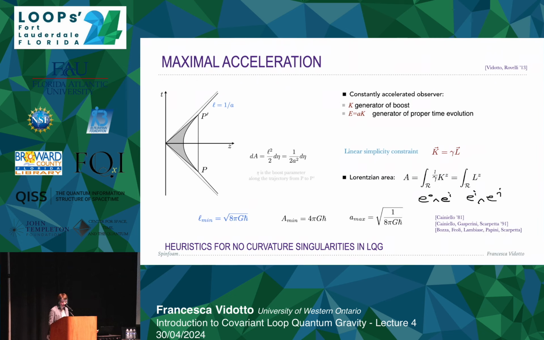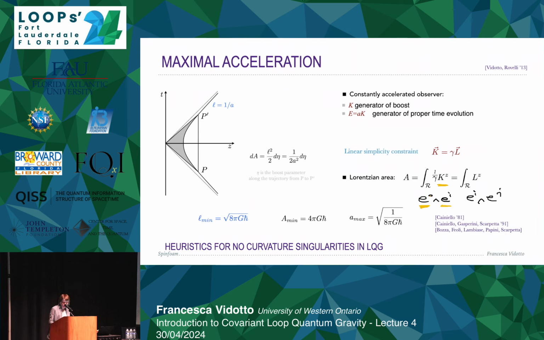So I call it a Lorentzian area, an area that has a component in the time direction and another component in the space direction.